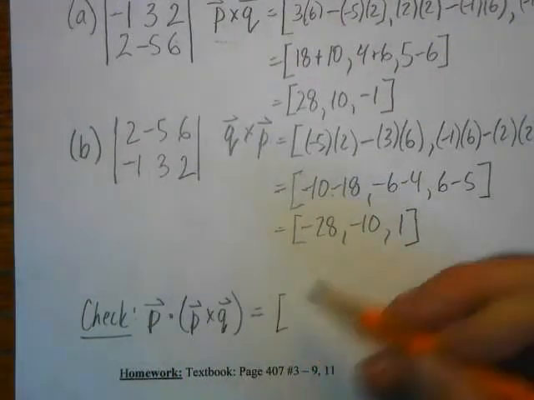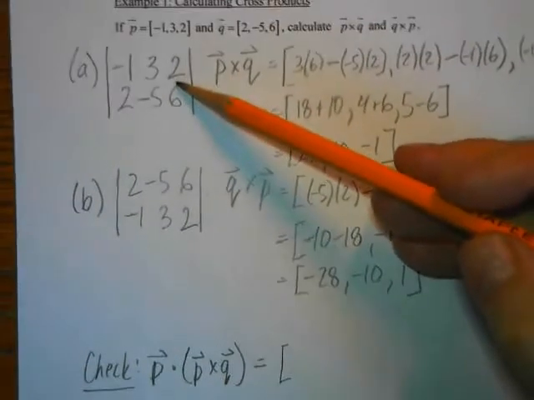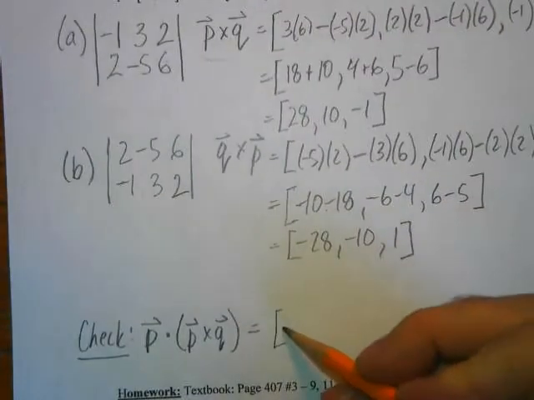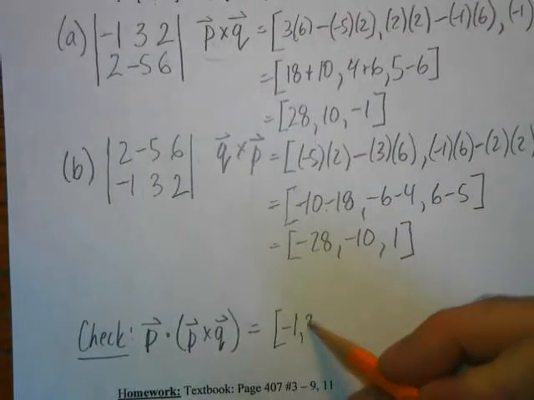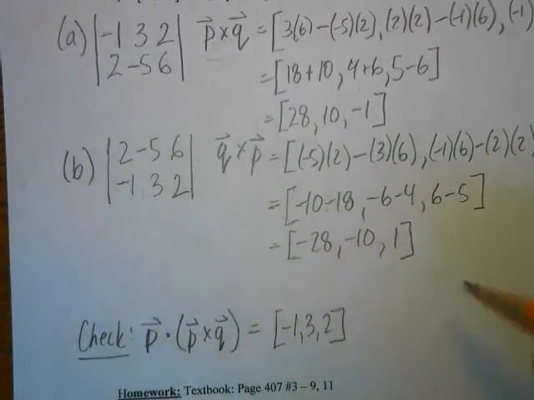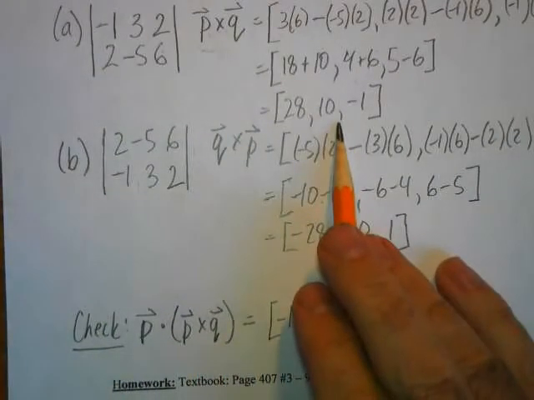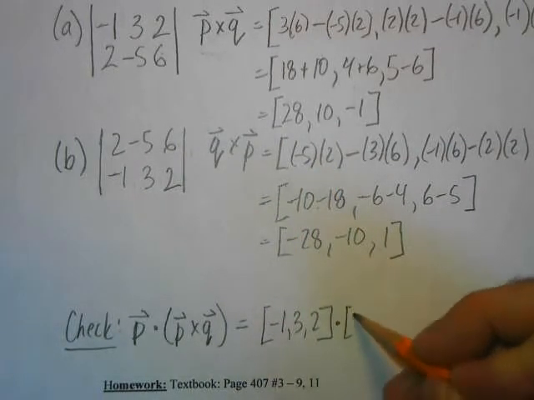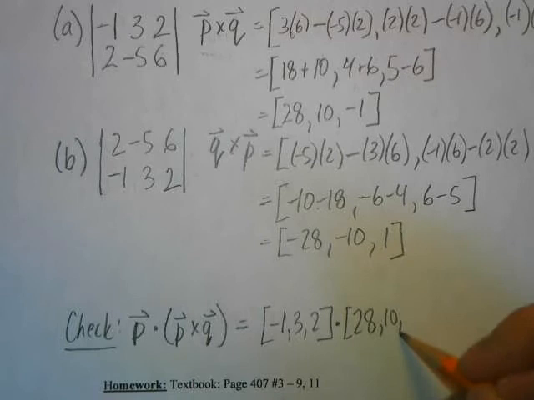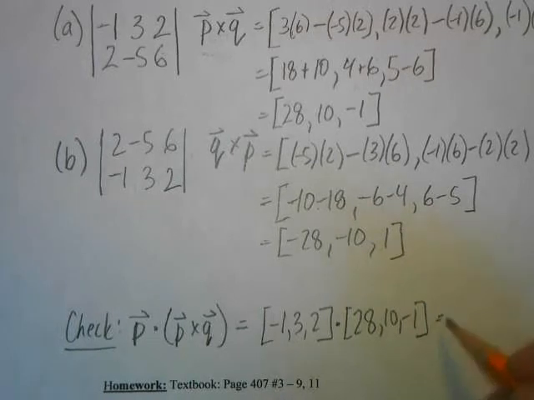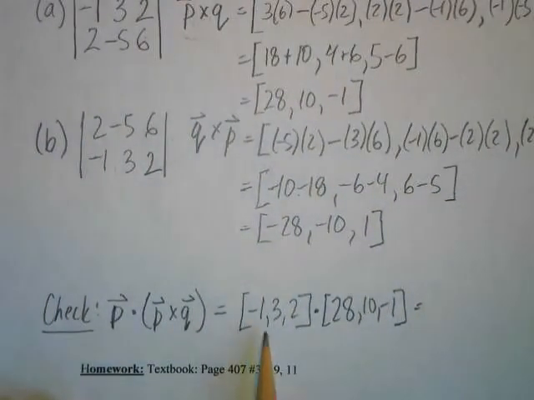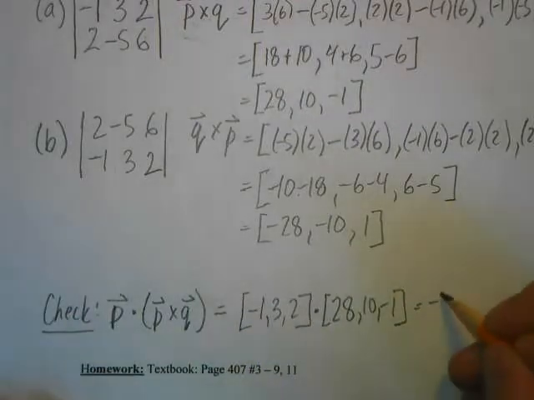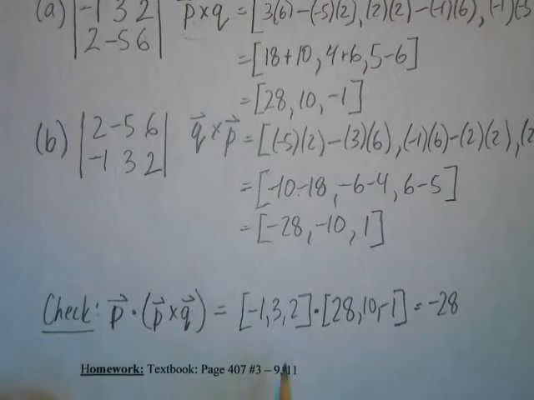So we already know the components of P: negative 1, 3, 2. And we know the components of P cross Q from here. So we're going to do dot product this time: -28, -10, 1. If you remember how to do dot product, it's just multiplying the x components. So that's 28. And we add that to the product of the two y components.